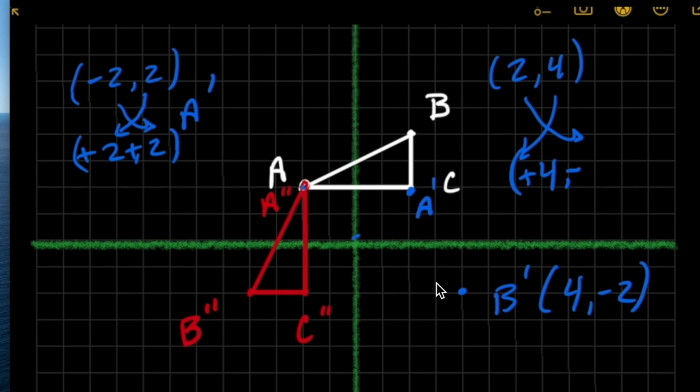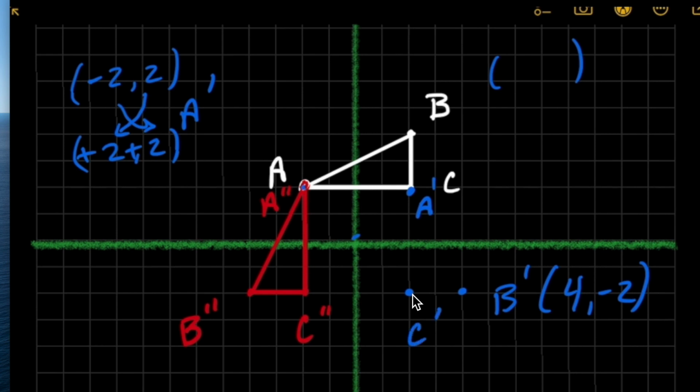Finally, we are going to rotate point C about the origin. If you take an imaginary line from the origin to point C and you rotate 90 degrees, you are again in the fourth quadrant. The initial coordinates of C are 2, 2, so we're still going to be at 2, 2, but we're going to be down here in the fourth quadrant, so it's going to be 2, comma, negative 2.